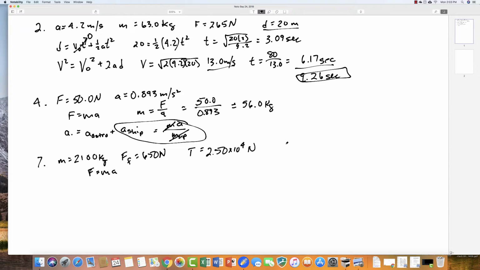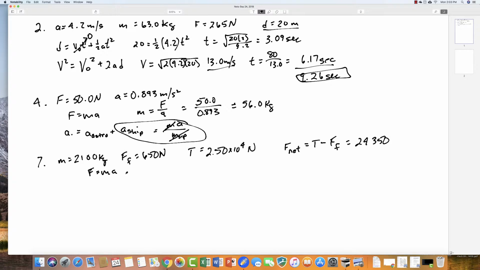Now F net is going to equal the thrust minus the friction force. So it's going to be this minus this. And so F net is going to equal 24,350, subtracting 650 from 25,000.